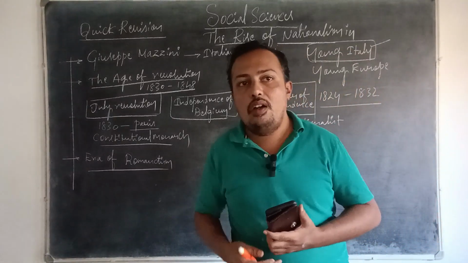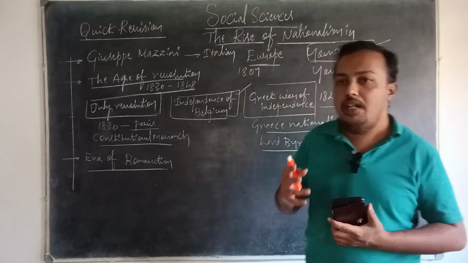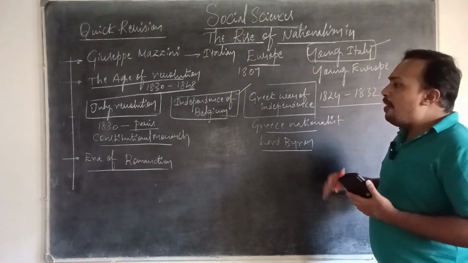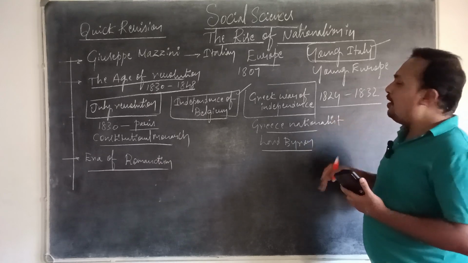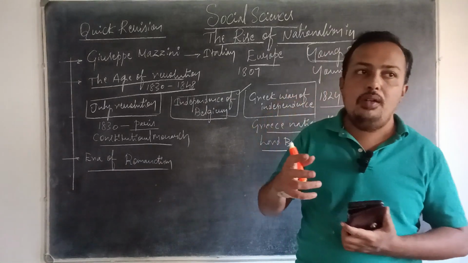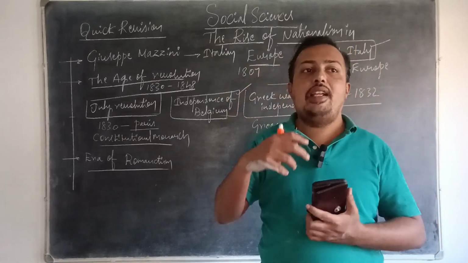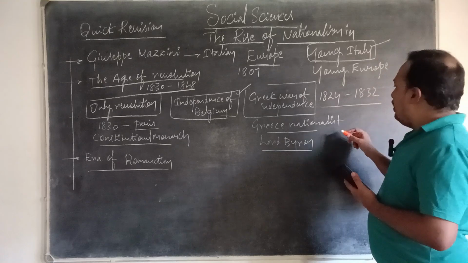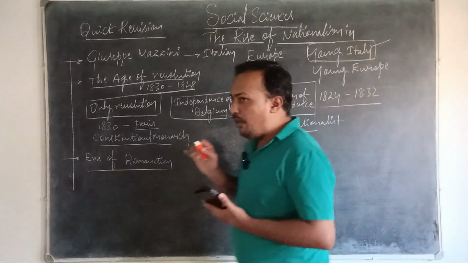Because of fever, he passed away during the war. Greek nationalists also got support from Greek people living in exile across Europe. Here we have to remember the Treaty of Constantinople, very important.